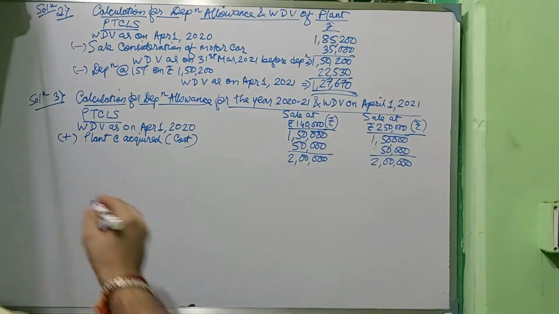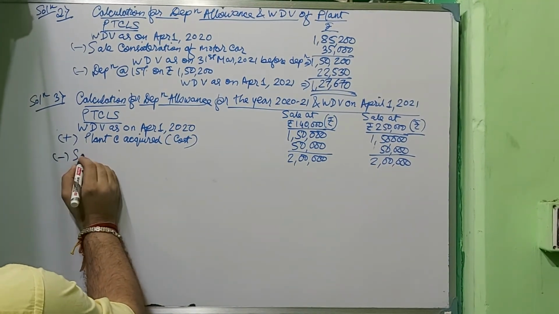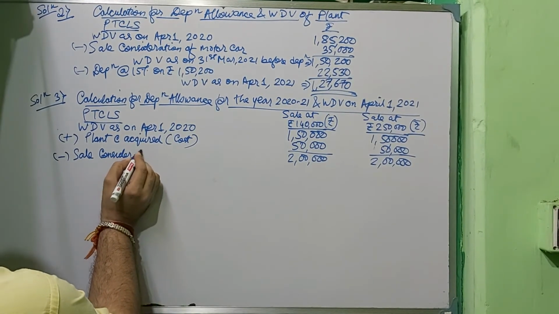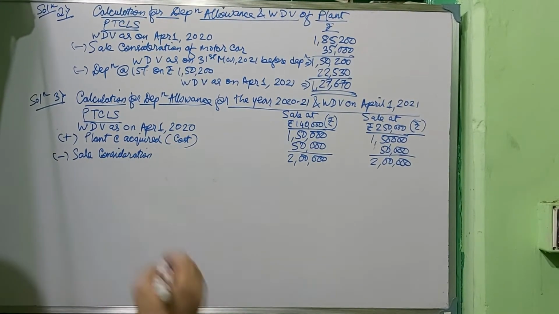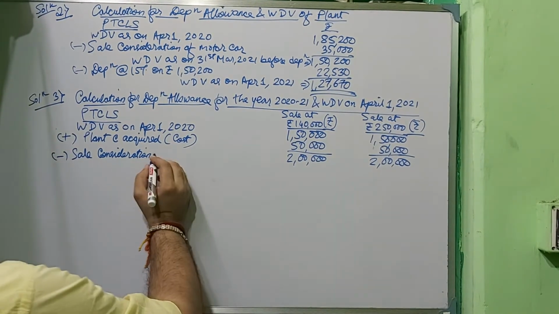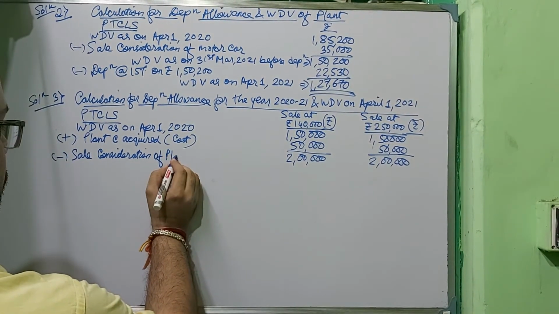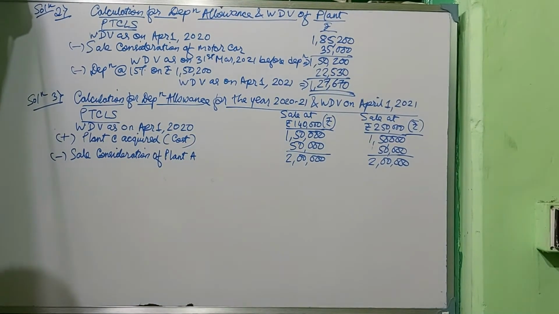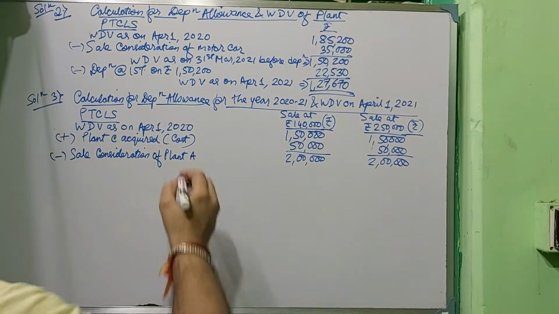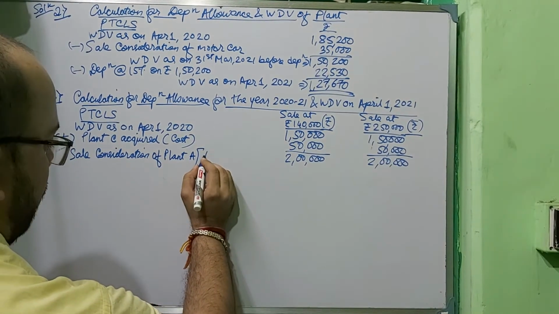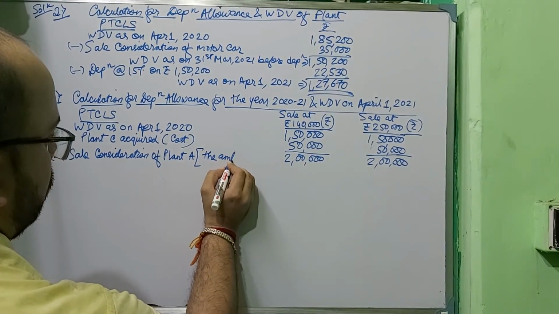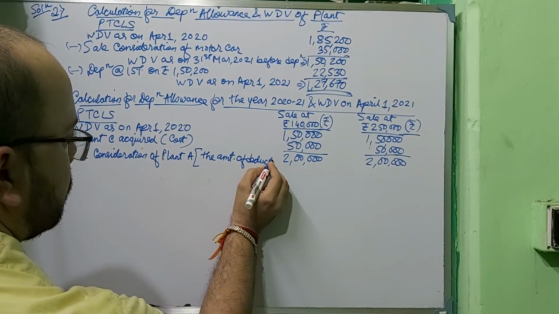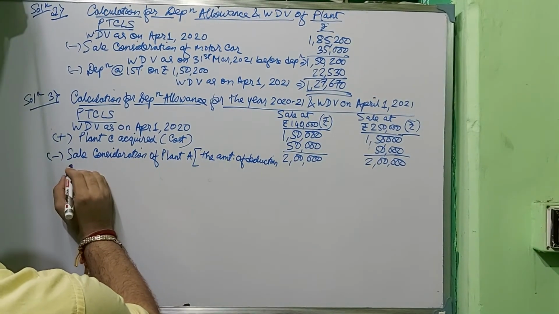So how will you write this? Sale consideration of plant A. Obviously, you need to find out the amount of deduction of sales.